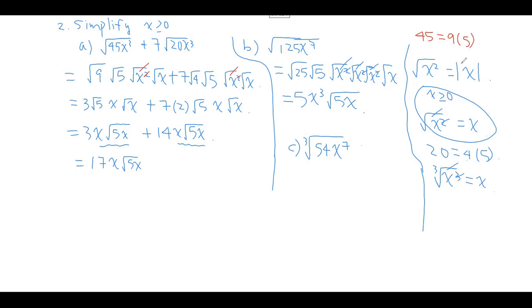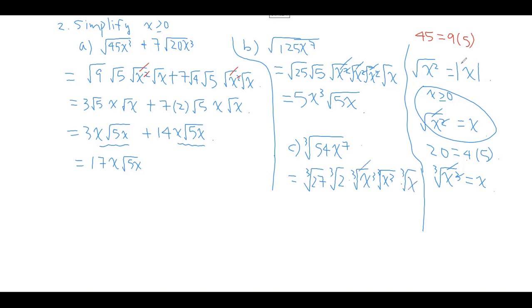So this is the cube root. So we look at perfect cube factors. You have 54, that is 27 times 2, right? 27 is a perfect cube times the cube root of 2. And then for x to the 7th, you have cube root of x to the third times another cube root of x to the third. Then one more x, cube root of x.